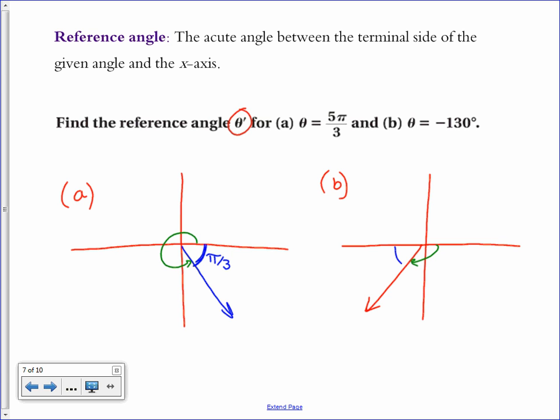I'm going to trace over in blue. So I'm looking for that degree measurement. If I traveled 130 this way, and I know that this is 180, then my reference angle here is going to be 50 degrees. So when doing reference angles, just draw it, locate it in the right quadrant, and then figure out the fastest, or acute, way to get to the x-axis from there, and that'll be your reference angle.